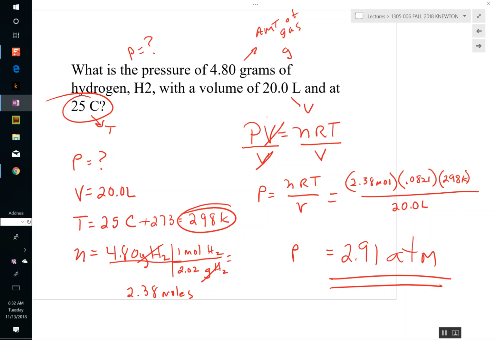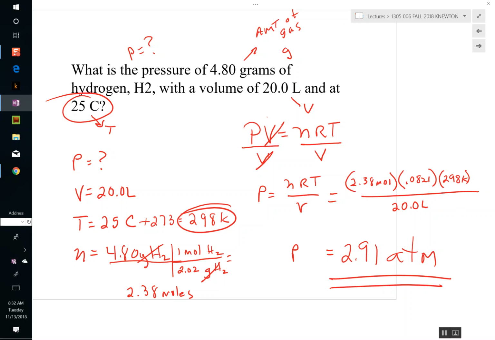This one, what's someone else? V1 over T1 equals V2 over T2, or V1 T2 equals V2 T1. This is the same thing, another way of expressing that by doing the cross multiplication: V1 times T2 equals V2 times T1.